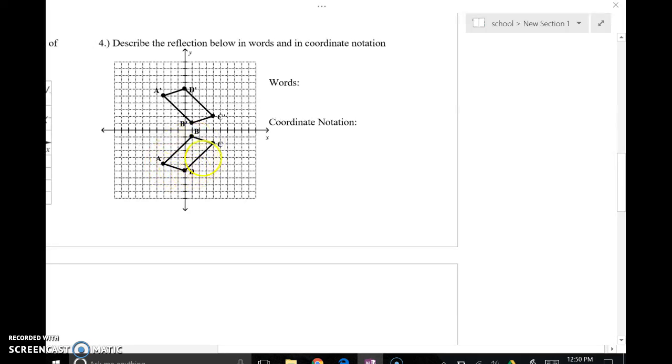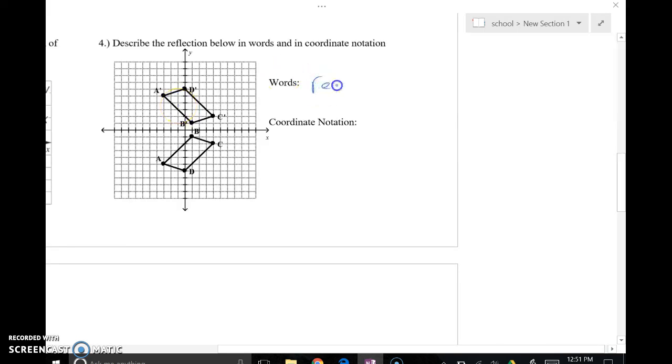So it looks like I've been flipped over the y-axis. So that means all of my... I'm sorry, let me start that again. I flip over the x-axis before I misspeak again. I'm flipping vertically over the x-axis, and that means all of my y values have been changed, but my x values stay the same.